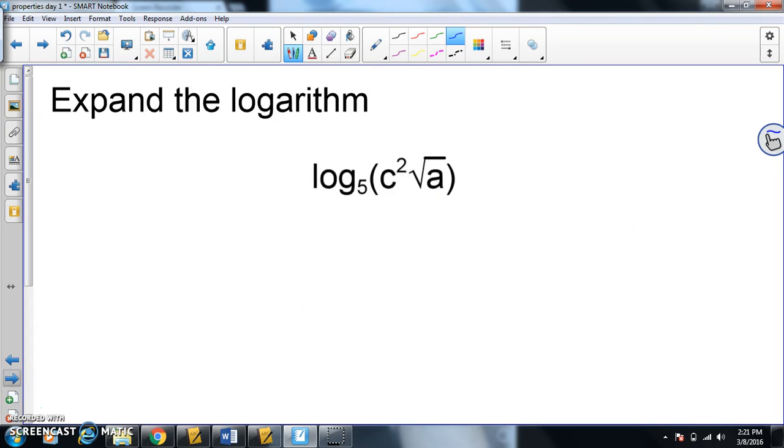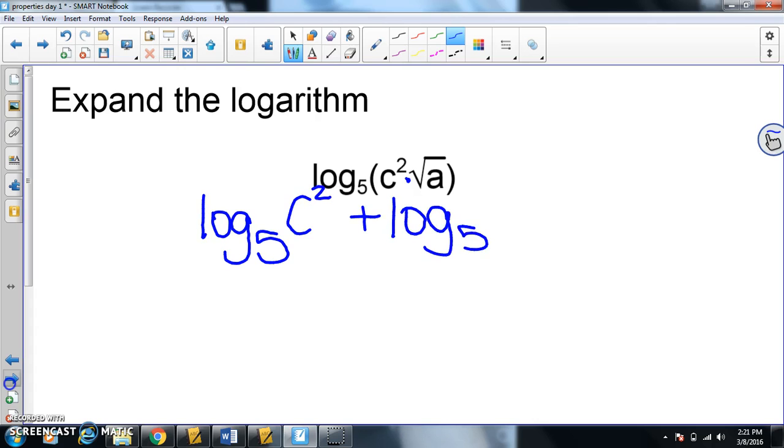Then we have the opposite when we need to expand our logarithm. So we're still going to look for our clues of what operation we're using. Here we have multiplication, which tells me I'm going to expand using my addition property. So I have log base 5 of c squared plus log base 5 of the square root of a. I can't have exponents in my log, so I'm going to move those to the front.